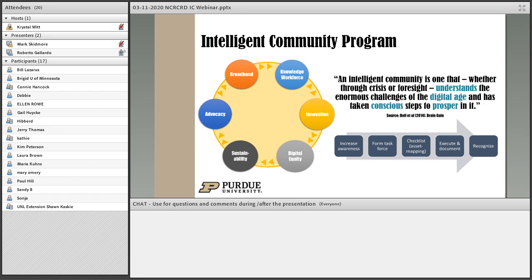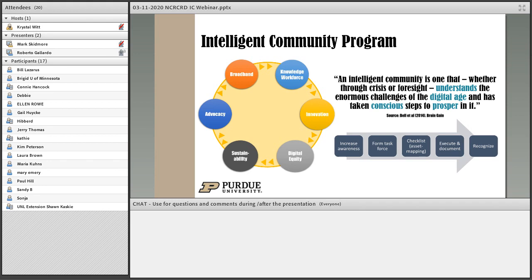But once you complete the checklist, you get an idea of where the gaps are, where the assets are, and then you execute and document. And then towards the end, which is way down the road, it's more of an outcome perhaps, or the cherry on the cake, you could nominate these communities to be considered the intelligent community of the year, and so forth. But that to me is really the icing on the cake.